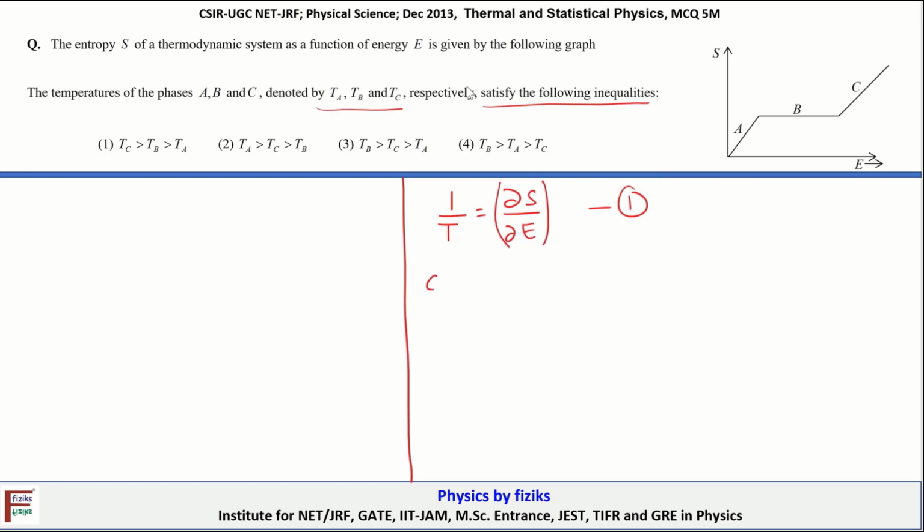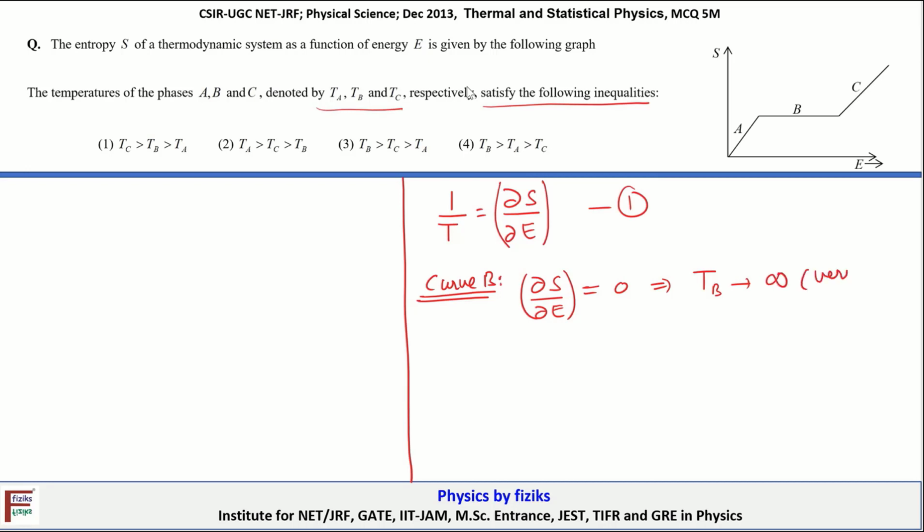So for curve B, dS by dE is equal to 0 because it's parallel to the x-axis. This implies the corresponding temperature TB is going to be very large; in other words, since dS by dE equals 0, TB will approach infinity.